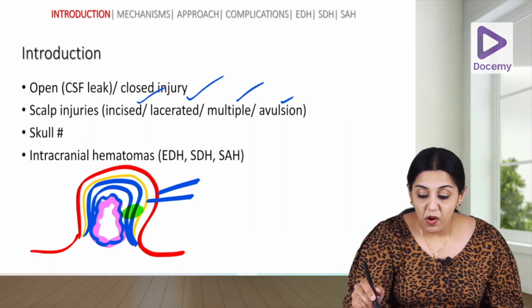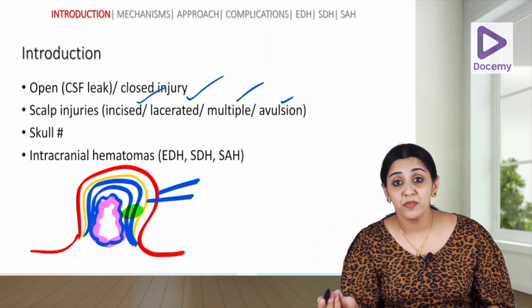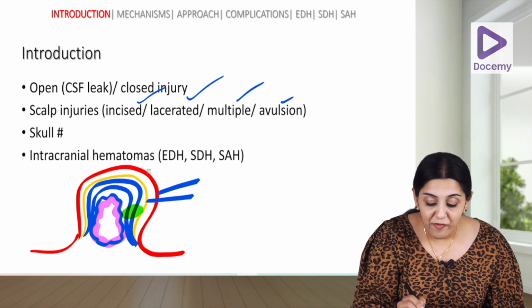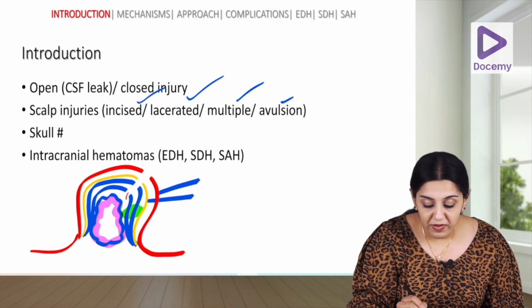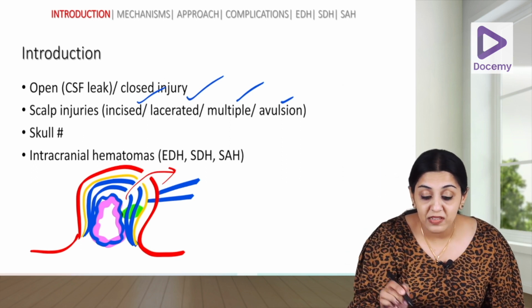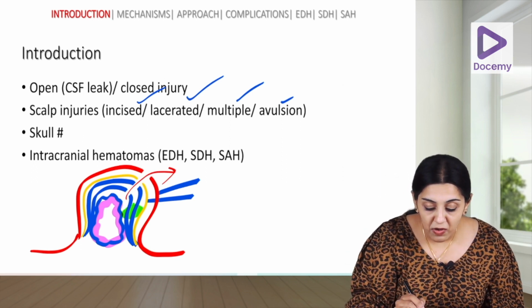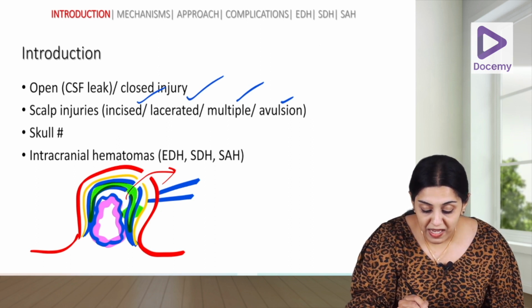Now, depending on how visible or approachable each injury is, you can have open injuries, where whatever is inside will be seen outside. This can cause CSF leak. CSF is a fluid which flows in the subarachnoid space, and this fluid can leak out.